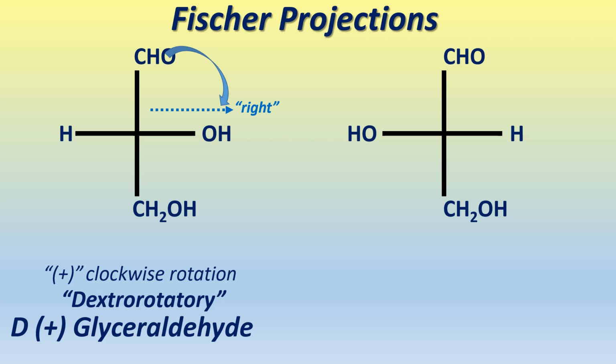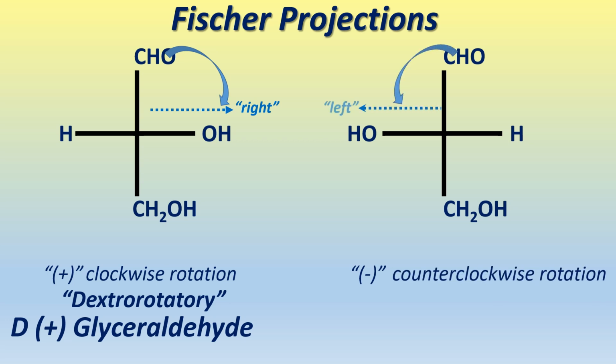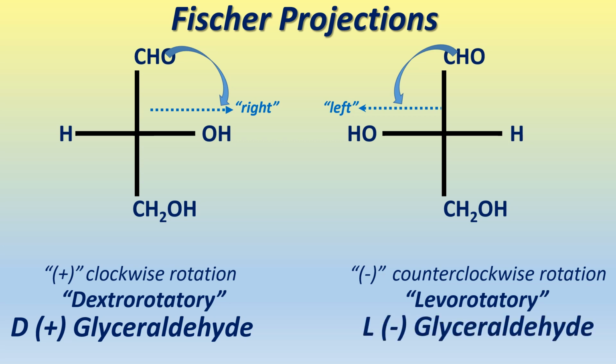Similarly, the only other way of drawing this, with the OH on the left side of the projection, corresponded to the negative or counterclockwise rotation of light, and he noted that as the levorotatory or left-handed bending isomer, so that would become L minus glyceraldehyde.